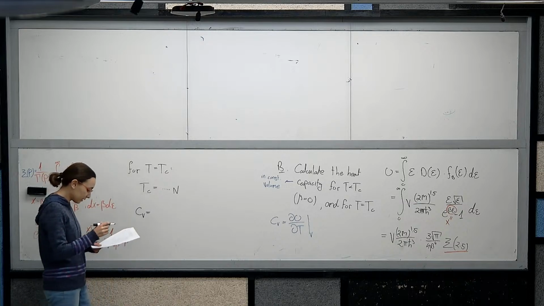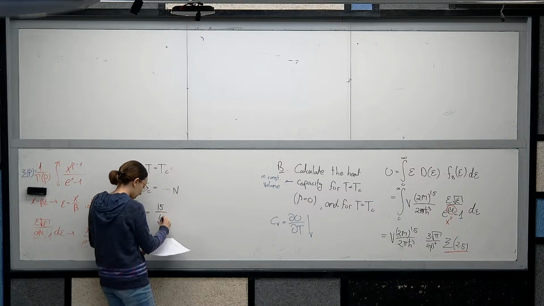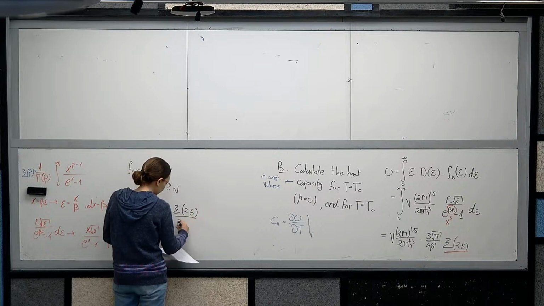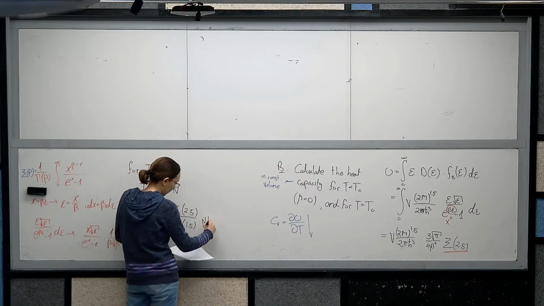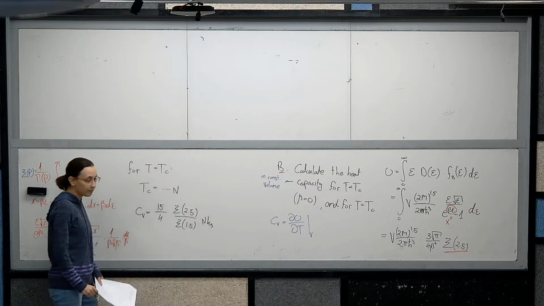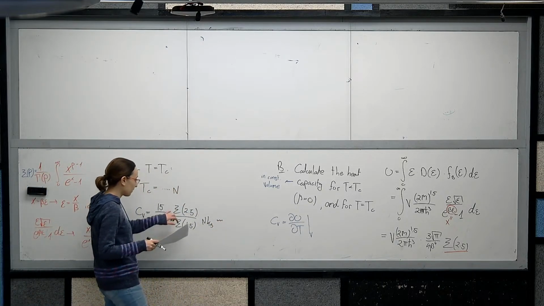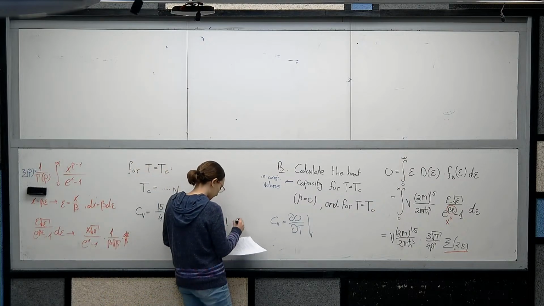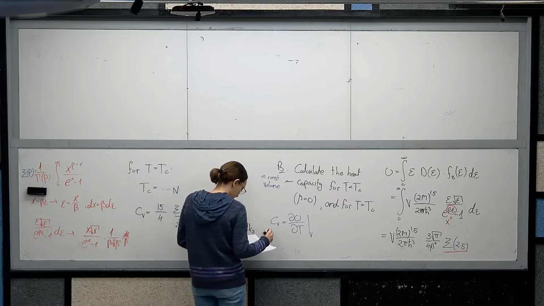that the heat capacity is 15 over 4 zeta function of 2.5 divided by zeta function of 1.5 times nk_B. The zeta function has known values, so this is approximately equal to 1.925 nk_B.